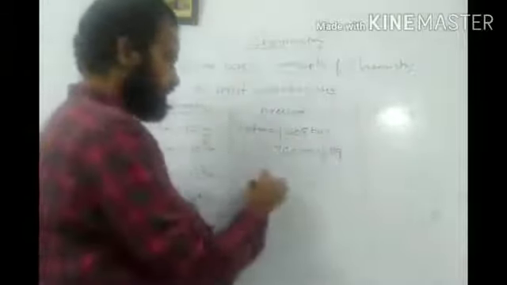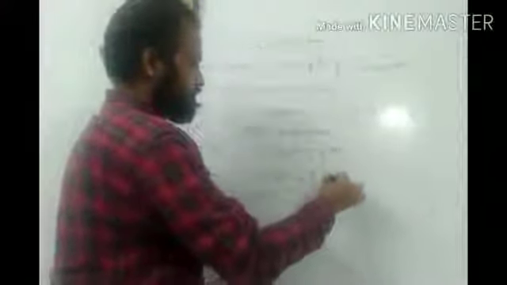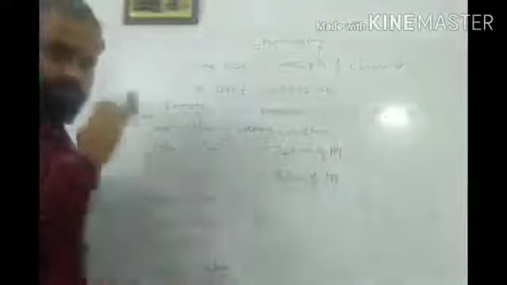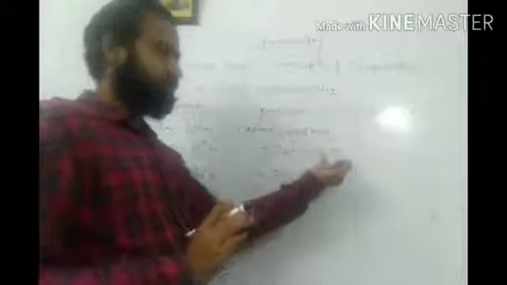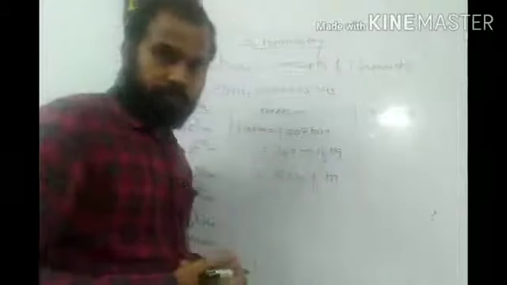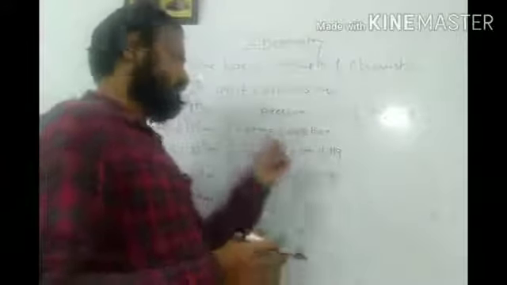Then it is also written as 76 centimeter of Hg. The scale is there on which mercury is shifting, and it indicates 1 atmospheric pressure. If it is 760 mm of Hg, or 76 centimeter of Hg, we can say this is 1 atmospheric pressure.